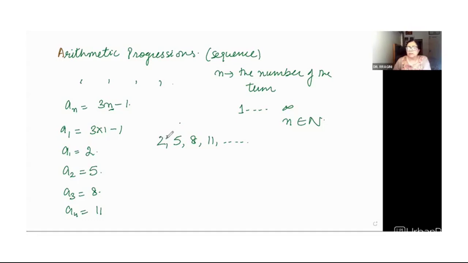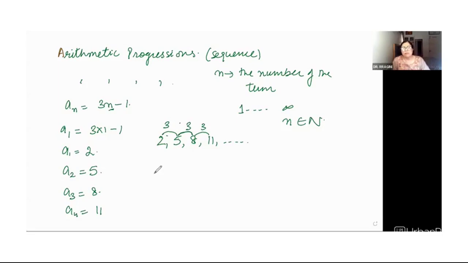Now, how to check whether a sequence is an arithmetic sequence or not? For an arithmetic sequence, check the difference between the consecutive terms. What is the difference between 5 and 2? It is 3. Difference between 8 and 5, it is 3. 11 and 8, it is 3.